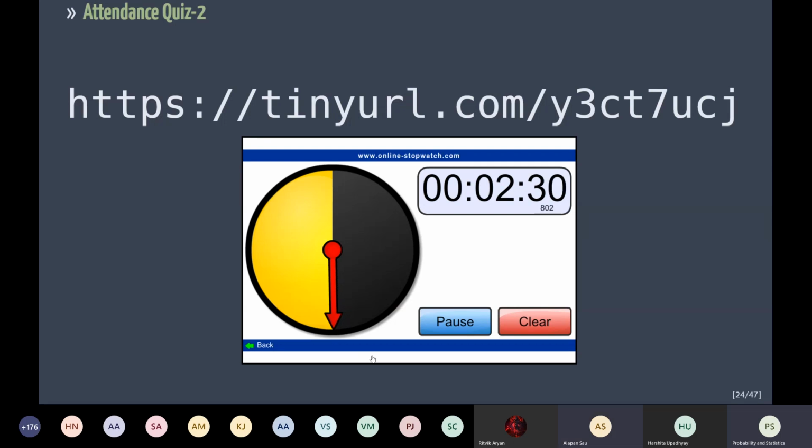It's not opening for me. The URL? Yes, sir. It's not opening for me also. Okay, let me check this. Maybe the TA did not set the allow submission thing. It may happen.